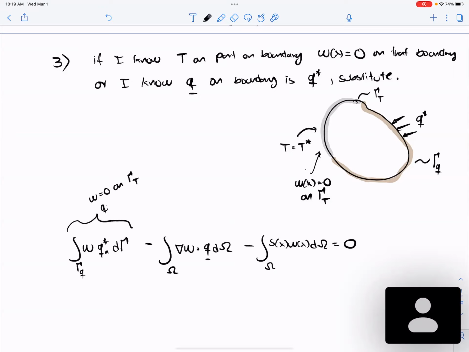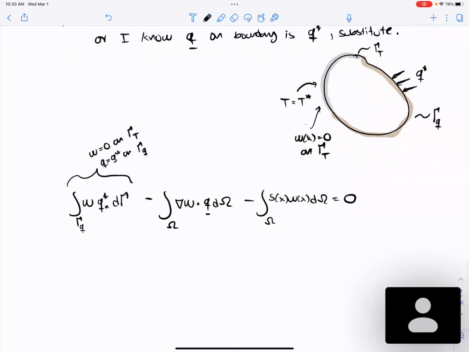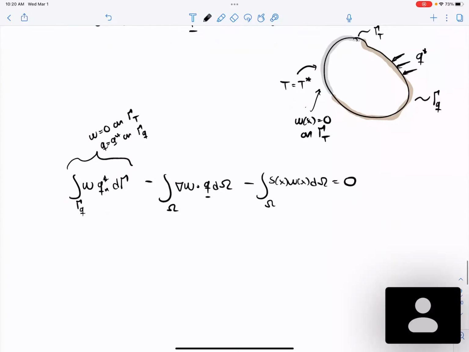And then Q equals Q star on gamma Q. And that's it.